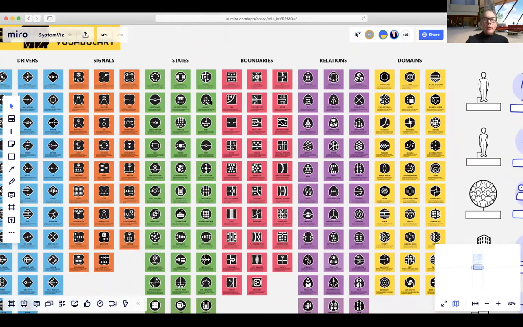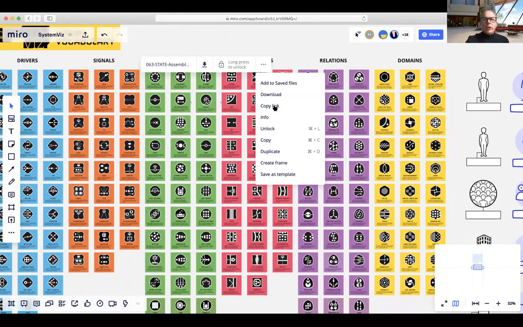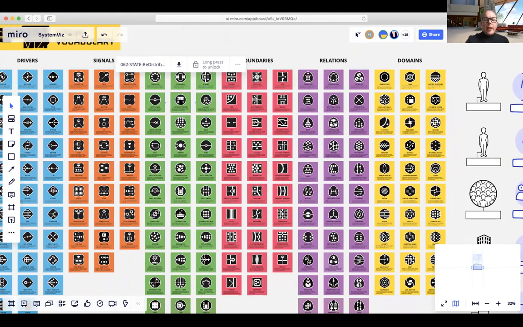Now, when you're working with these, you can just highlight one and then copy. So you copy the item, and then you can paste it, so that you can then move this around. Otherwise, these pieces here are locked, or you can delete those.